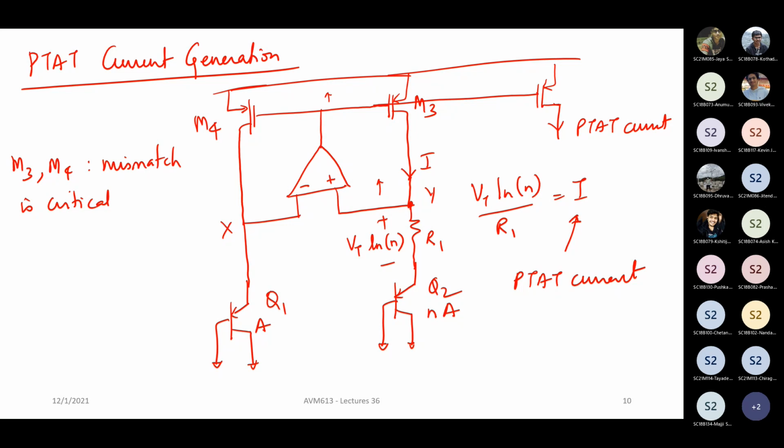And this M4 and M3 mismatch will also cause a similar kind of error, and therefore you increase the area of M3 and M4 also. All right. So PTAT current generation becomes easy.